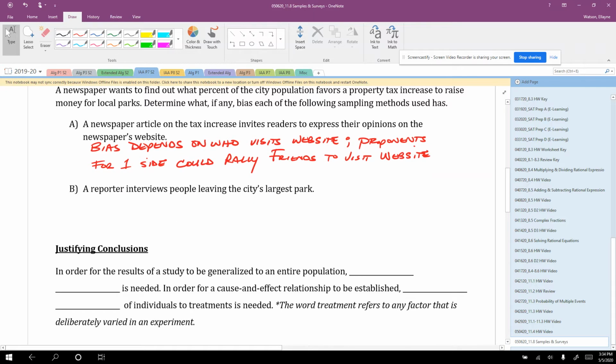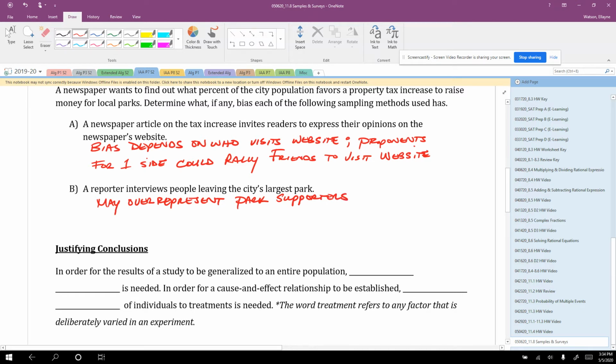This is actually called convenience sampling, and again, you don't need to know that terminology. But the problem here is this may overrepresent park supporters, and that's because the interviewer is at the park.